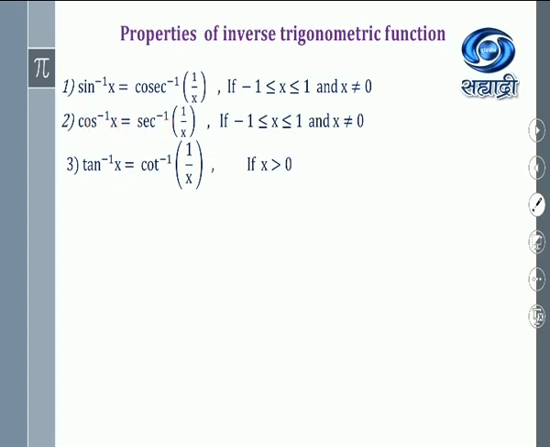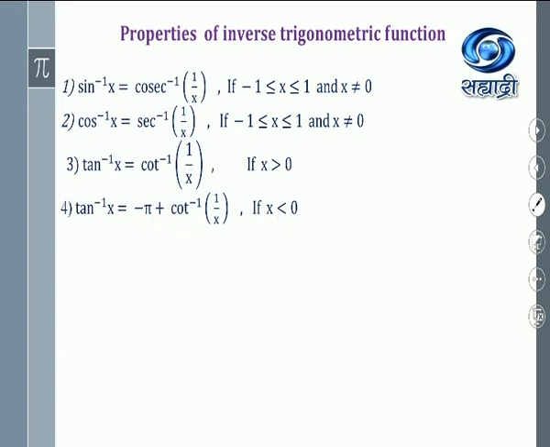Here we can write sec inverse x as cos inverse 1 upon x. Here we can write cosec inverse x as sin inverse 1 upon x. So do remember all these things. Now tan inverse x. We are having two rules here. Tan inverse x is cot inverse 1 upon x, and one more is tan inverse x is equal to minus pi plus cot inverse 1 upon x.